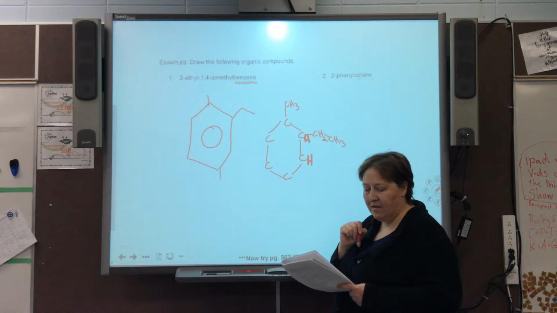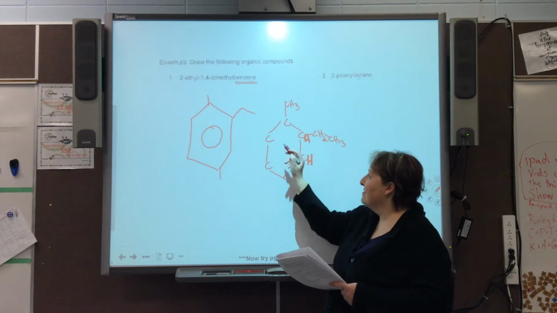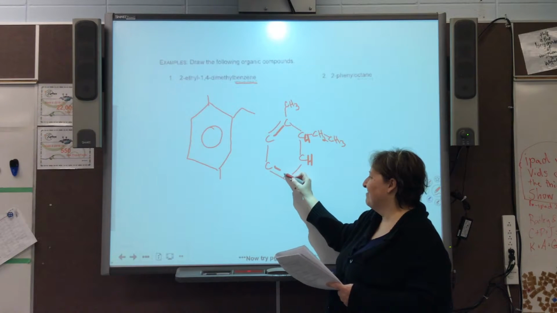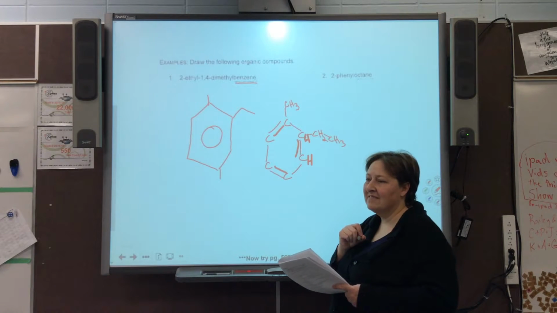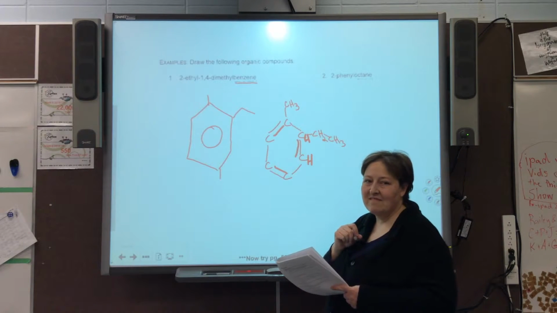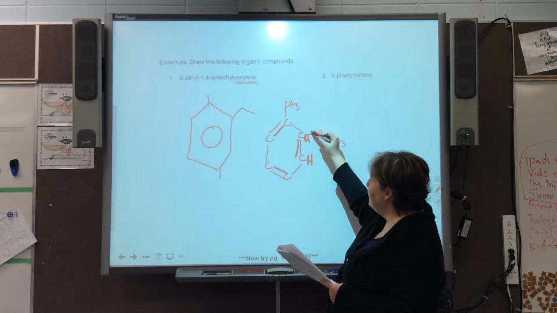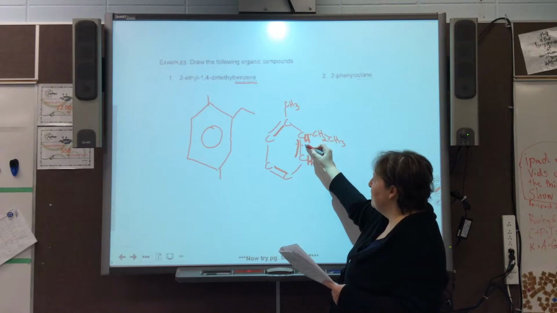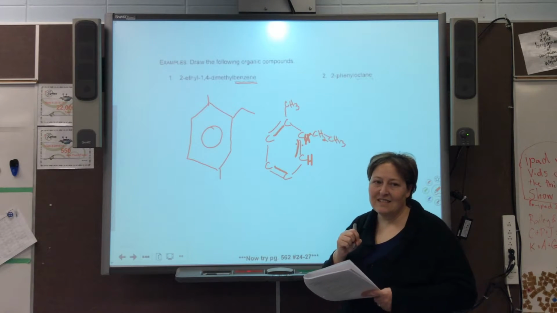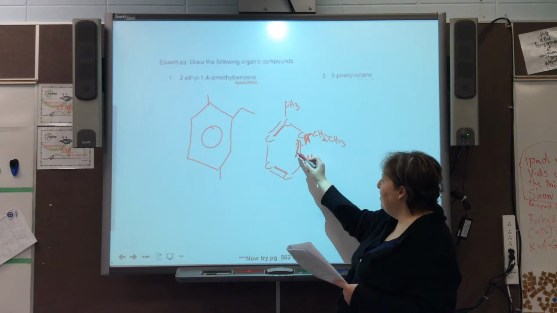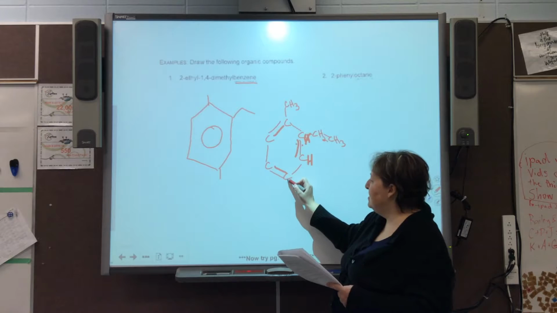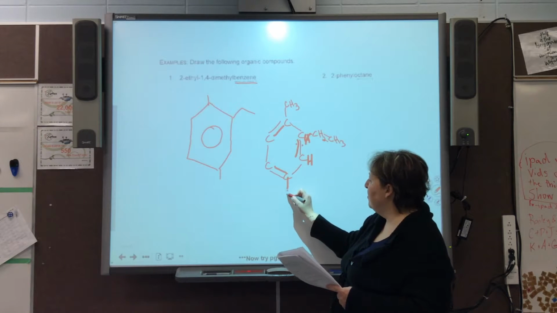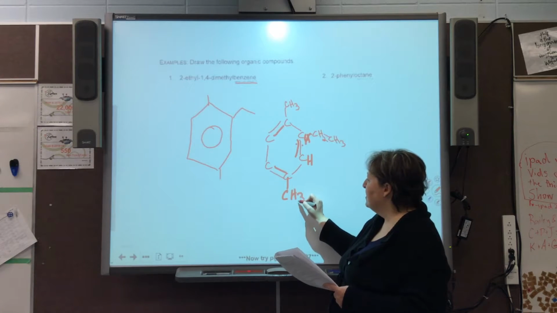Well, what are we dealing with? We're dealing with a benzene ring, aren't we? So is this still there? It's CH, there's only 1. That hydrogen doesn't exist, the one under it. This one here, 1, 2, 3, 4. This one is 1, 2. This one has a methyl group. So what about this one?